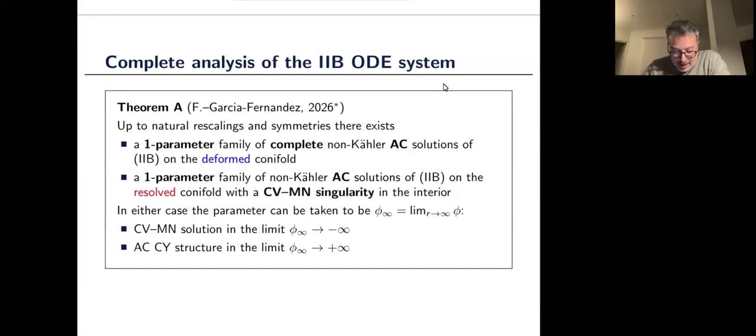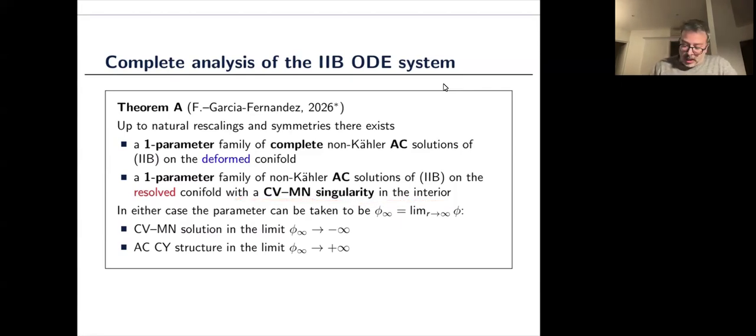On the resolved conifold, one can prove that there will never be smooth solutions, but we can find a one-parameter family of solutions that are complete and asymptotically conical at infinity. But as you go towards the zero section inside, they become singular and have a singularity modeled on the CVMN solution.